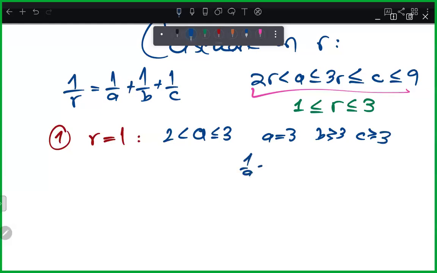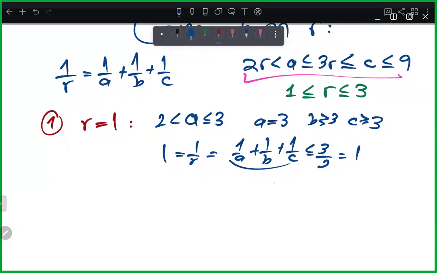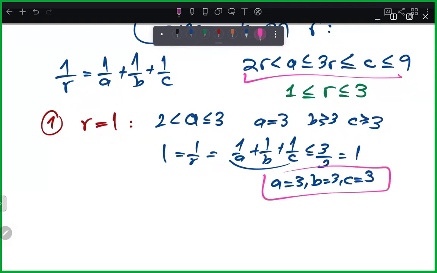Hence, 1 over A plus 1 over B plus 1 over C is less than or equal to 3 over 3, which is 1. But this is 1 over R, and this is 1. So the inequalities are indeed equalities. So we get the case A equals 3, B equals 3, and C equals 3. So this is the first solution from the very first case.